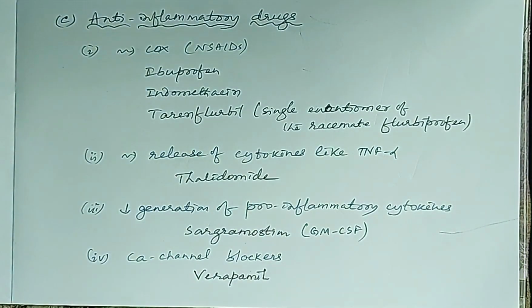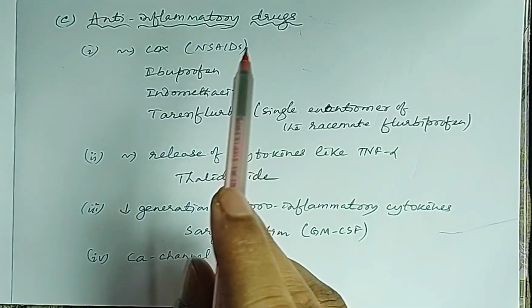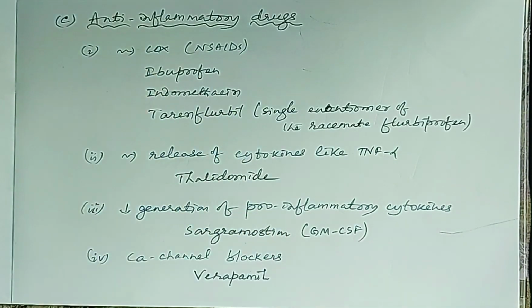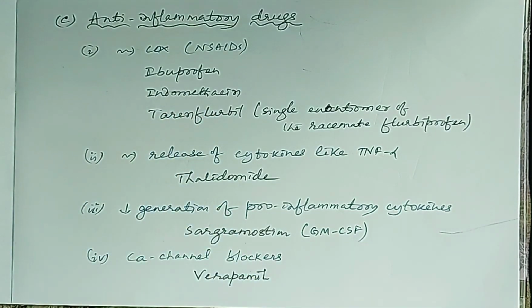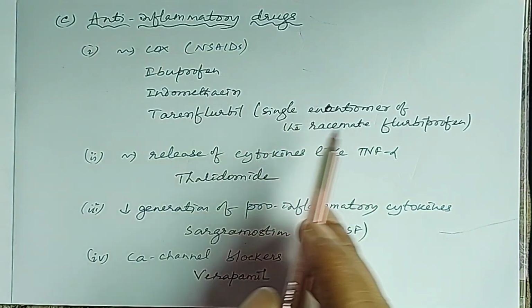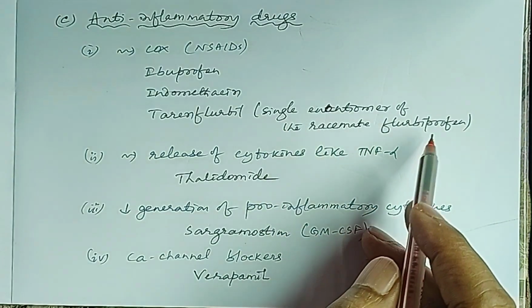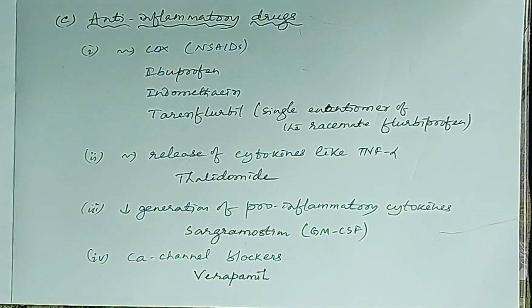Then some of the anti-inflammatory drugs are also nowadays repurposed for use against Alzheimer's disease. The first group is non-steroidal anti-inflammatory drugs, which are COX inhibitors, cyclooxygenase inhibitors like ibuprofen, indomethacin, and recently one single enantiomer of racemate flurbiprofen, that is tarenflurbil, is under development.